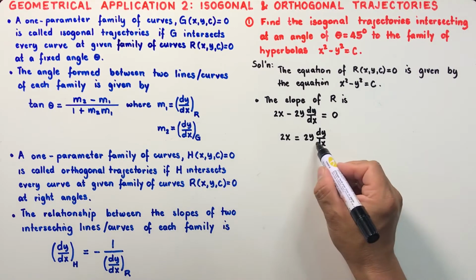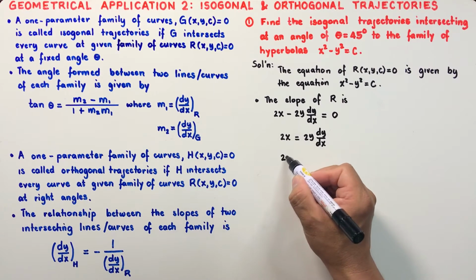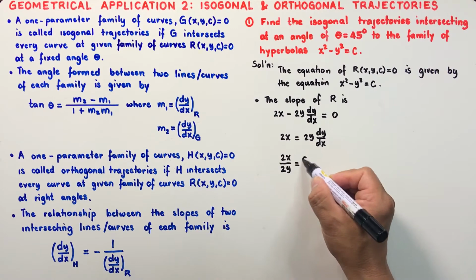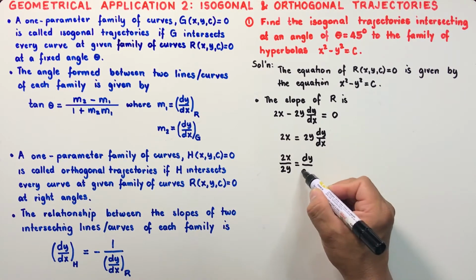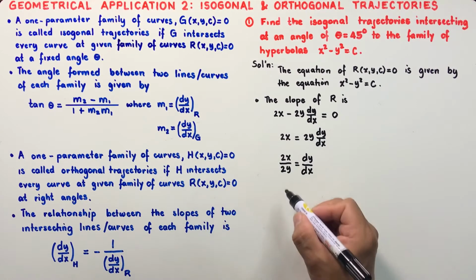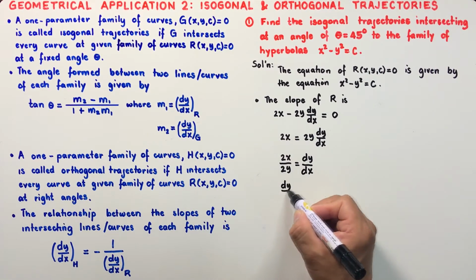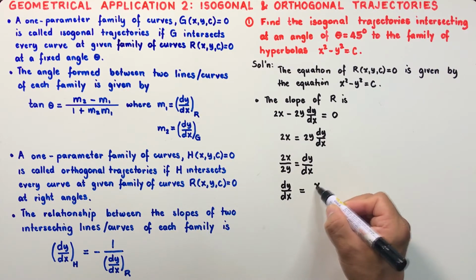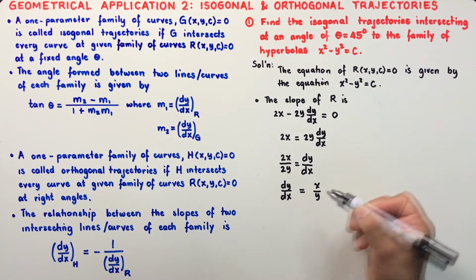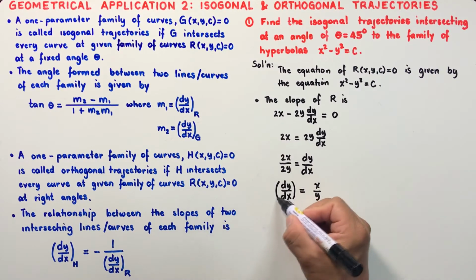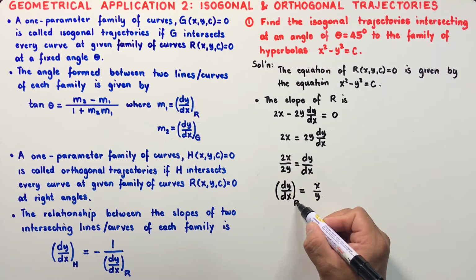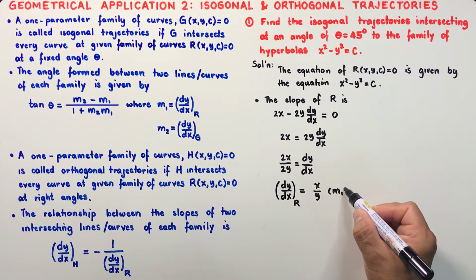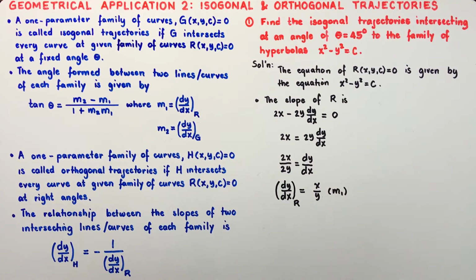Dividing both sides by 2y, we have 2x over 2y equals the derivative of y with respect to x. Therefore, dy/dx is equal to x over y. This is the slope of our given family of curves r, so this is our first slope function.